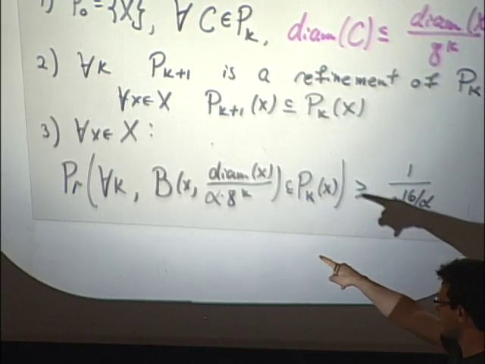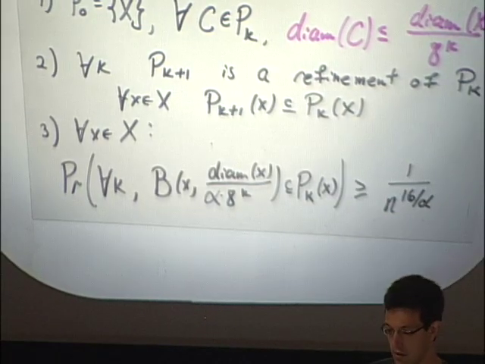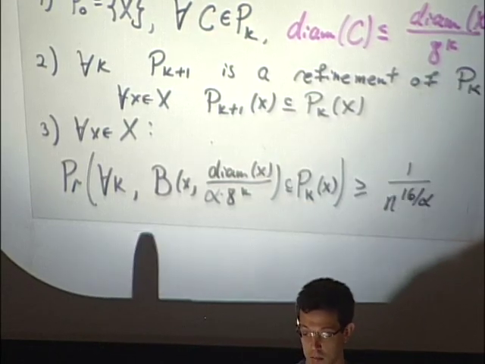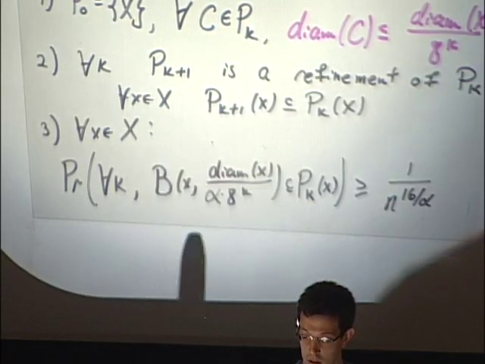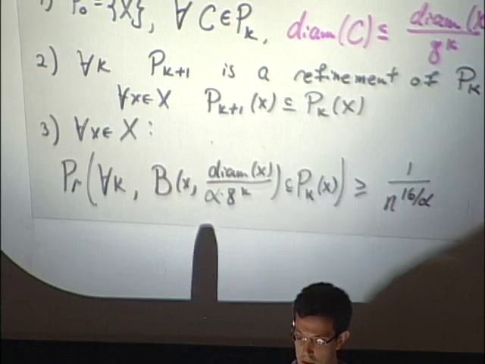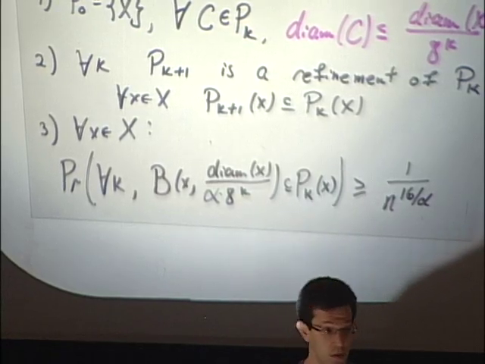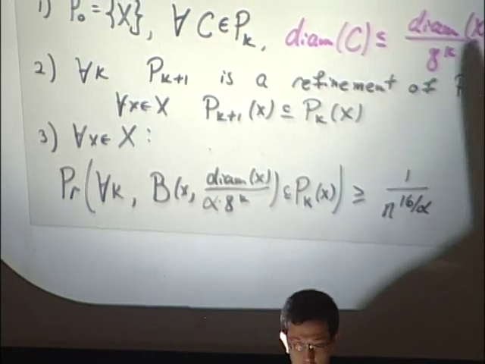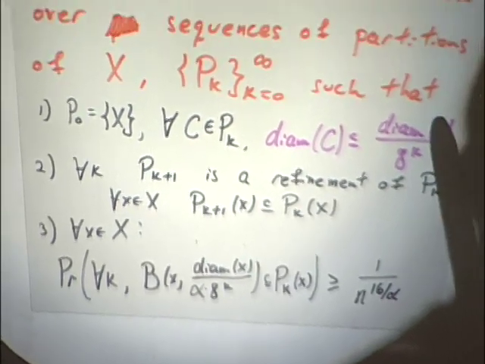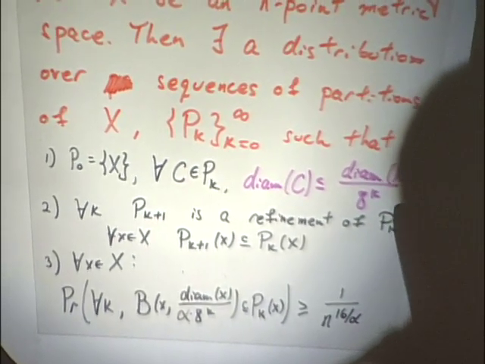Remember that the diameter of P_k(x), the element to which x belongs, was bounded from above by the diameter of X over a^k.